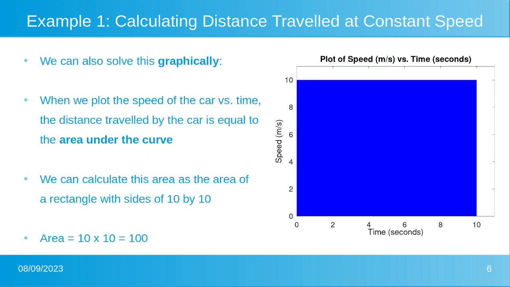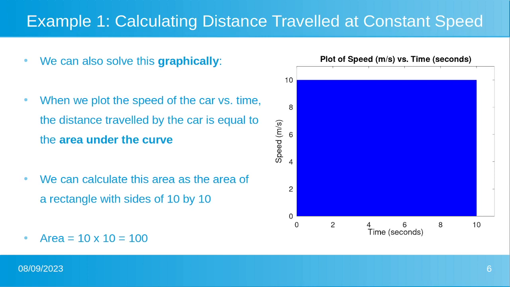We can also solve this graphically. When we plot the speed of the car versus time, the distance traveled by the car is equal to the area under the curve. To explain this, we can look at the plot of speed versus time on the right hand side.